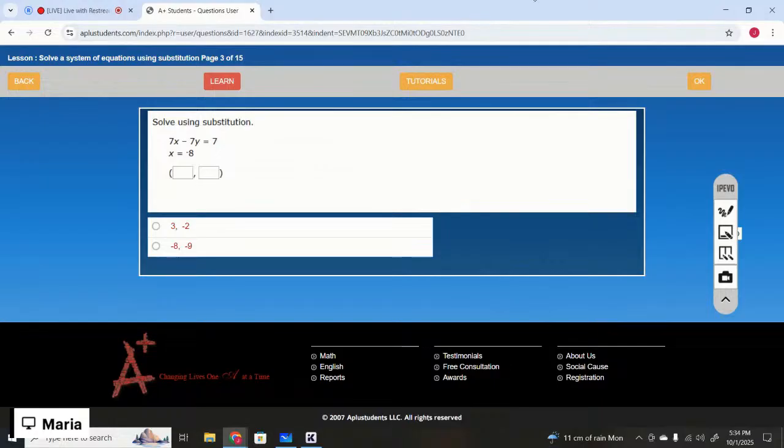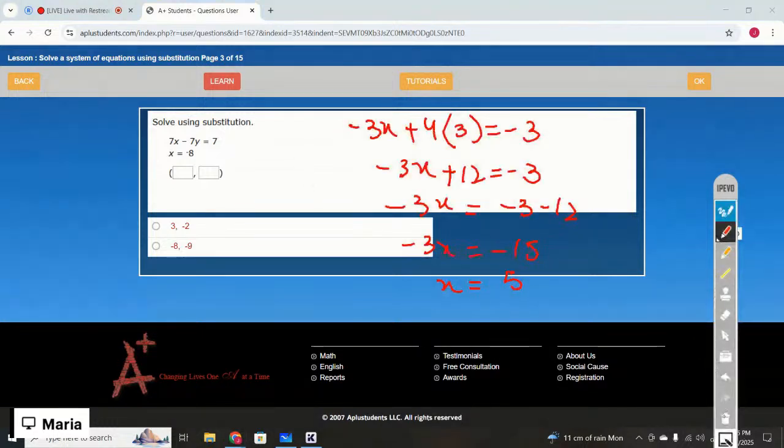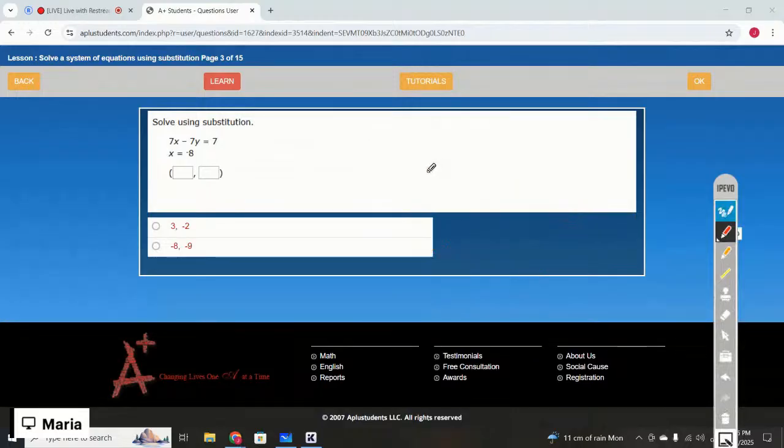Solve using substitution. 7x minus 7y equals 7. X equals negative 8. Seven times negative 8 minus 7y equals 7.